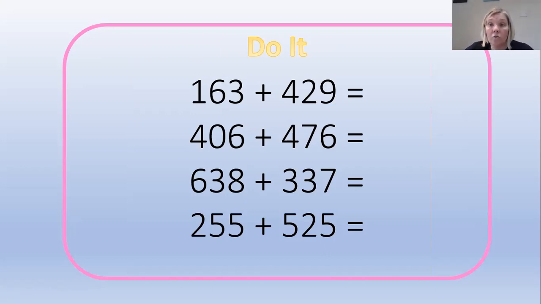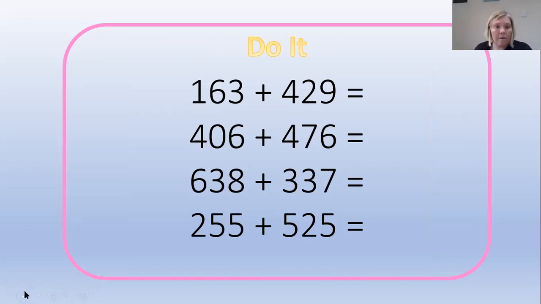Show that you can write the answers in a pictorial manner to show your understanding. If you want to, you can also use the concrete method as well. But if you think you're a little bit more confident, then you can move straight to the pictorial way of showing. So pause the video here and have a go.